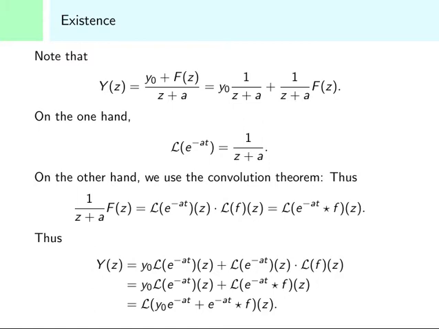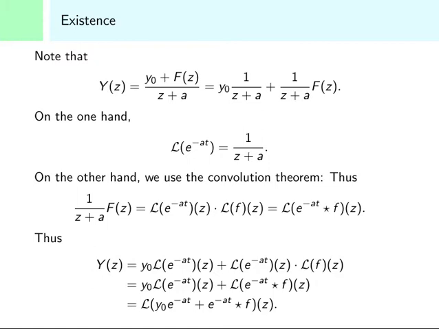Without that, we see that Y of z equals y naught times the Laplace transform of exponential negative a t of z plus the Laplace transform of exponential negative a t of z multiplied with the Laplace transform of f of z. The last term can be rewritten as the Laplace transform of the exponential negative a t convolved with f. And now we can use linearity.